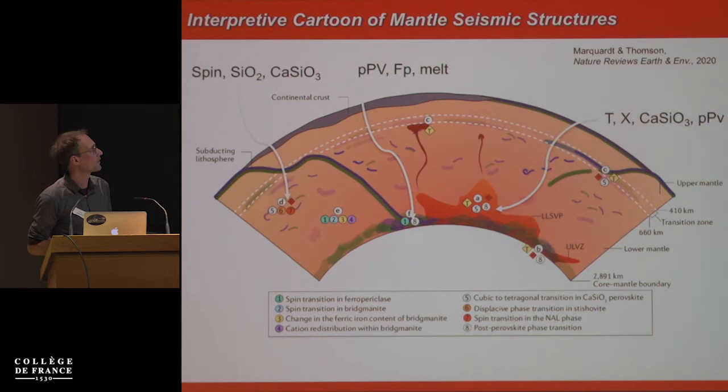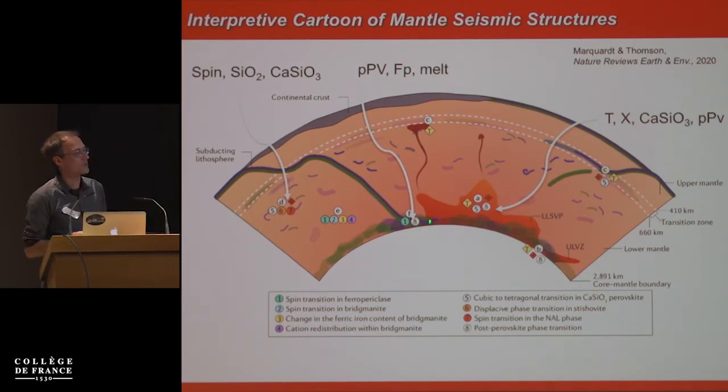So just to pick out a few things, for instance, seismic scatterers in the mid-mantle here have been assigned to composition, that's the X here, to changes in the spin state of the material, so the electronic state basically, to a phase transition in stishovite, SiO2, or to a phase transition in calcium silicate perovskite.